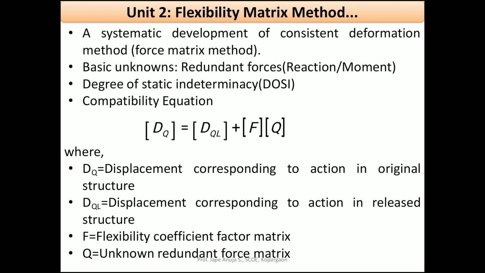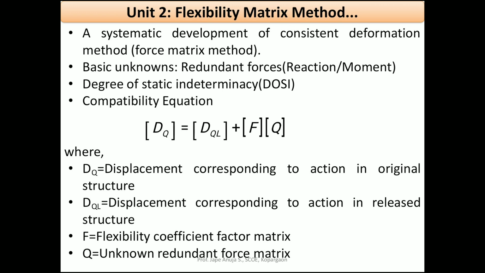The second matrix is the DQL matrix, the displacement corresponding to the action in the released structure. F is the flexibility coefficient matrix and Q is the unknown redundant force matrix.